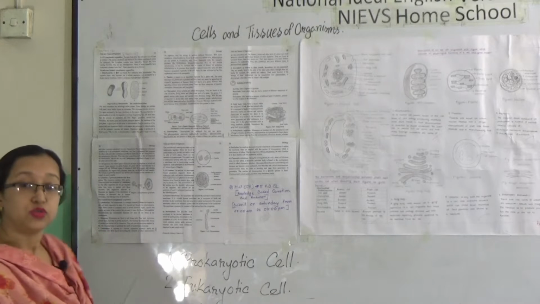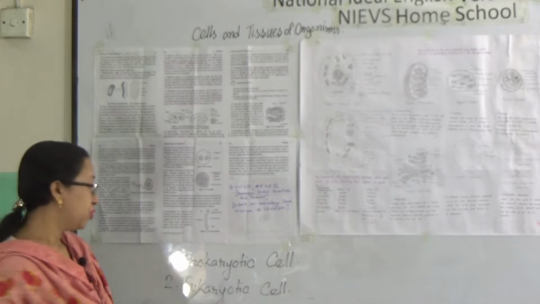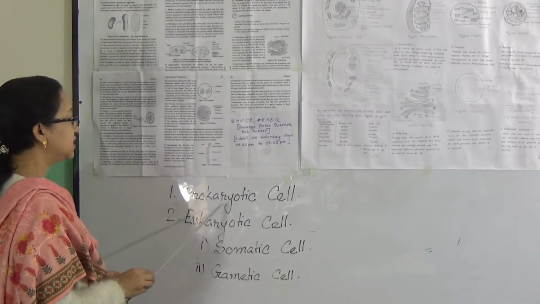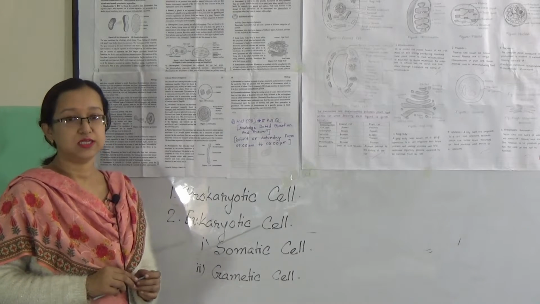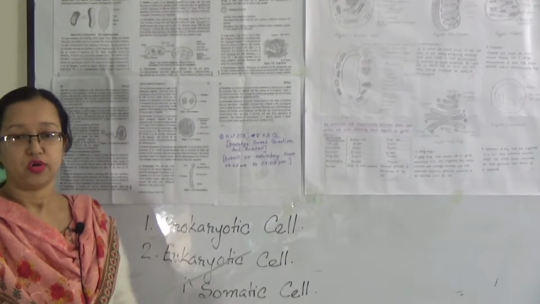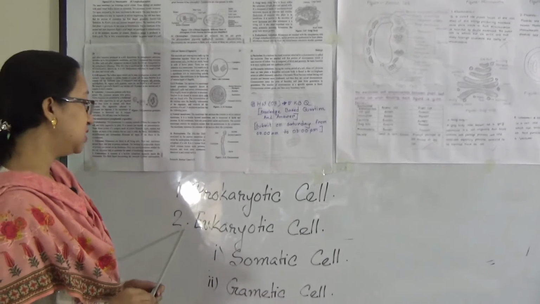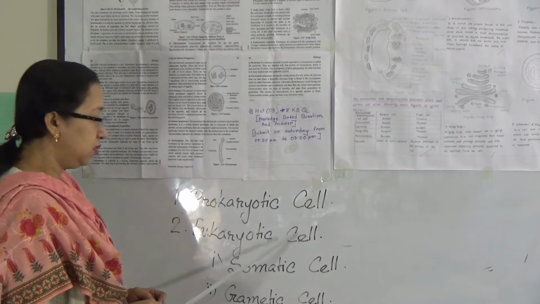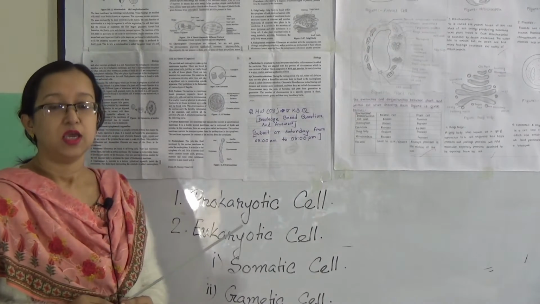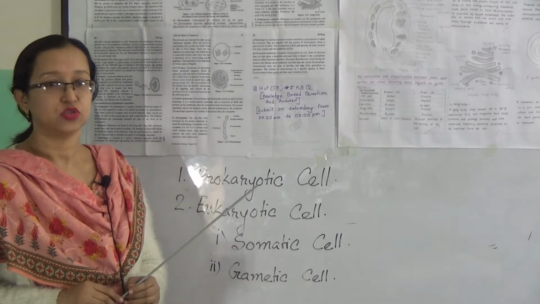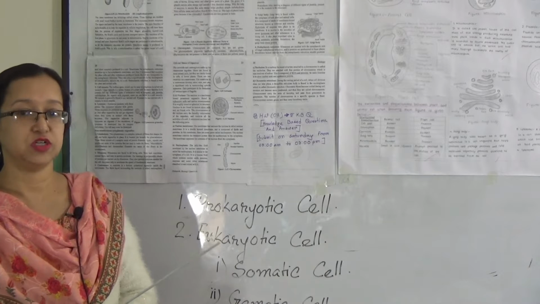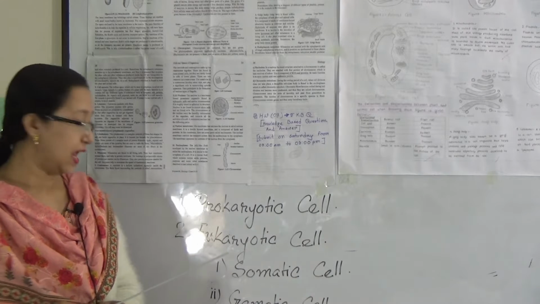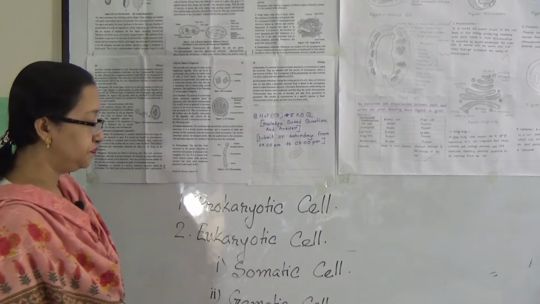Cells are of two types: prokaryotic cell and eukaryotic cell. Prokaryotic cells are the primitive cells, that means the cells which do not have an organized nucleus, and eukaryotic cells are the cells which have an organized nucleus. So on the basis of the nucleus, cells are divided into two types, prokaryotic cell and eukaryotic cell.